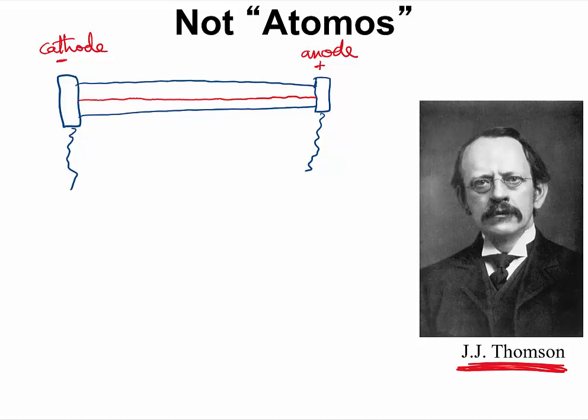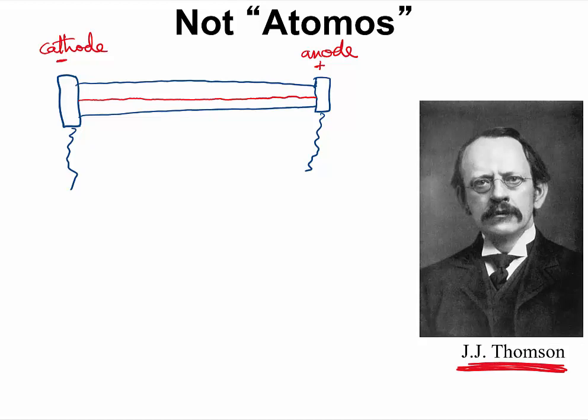And initially, he thought that beam is just light. But as a scientist, your thinking is not always what you believe it is until you have confirmed it. So, J.J. Thomson decided to confirm that this beam is actually light.